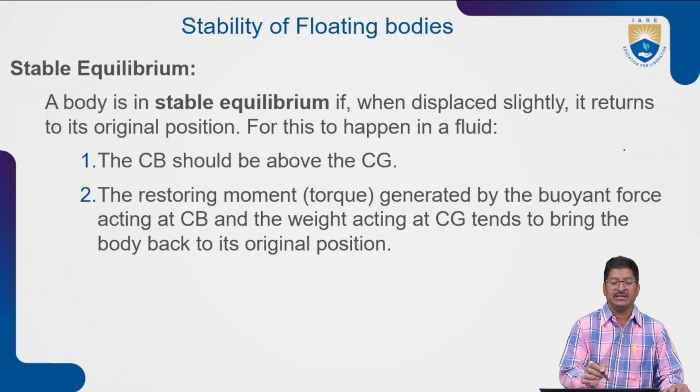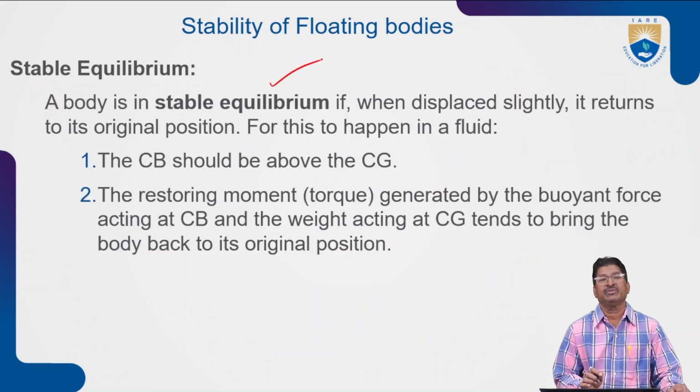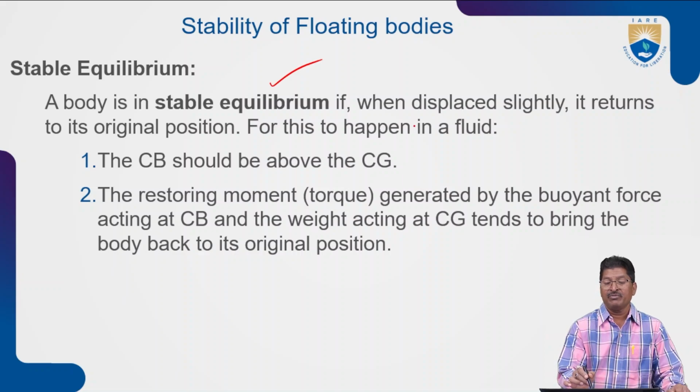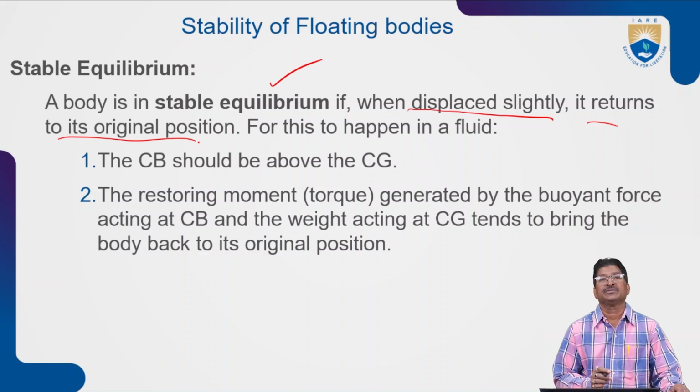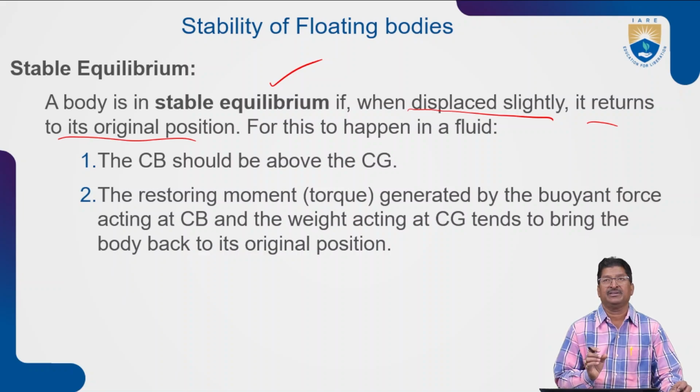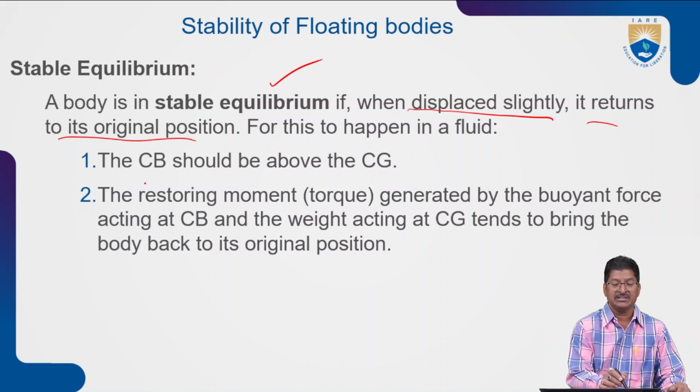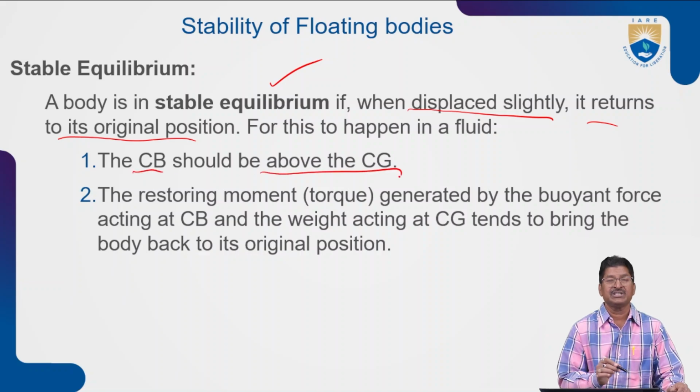Then stable equilibrium. When will we call it stable equilibrium? When a body displaced slightly returns to its original position. Whenever a slight displacement occurs, if it regains its original position, that is stable equilibrium. The condition is that the CB should be above the CG.